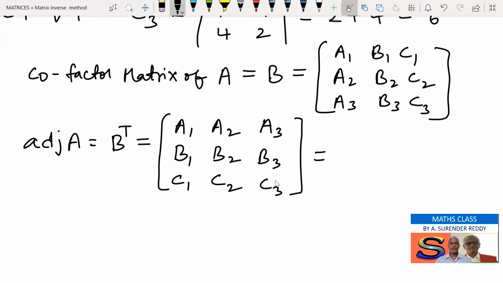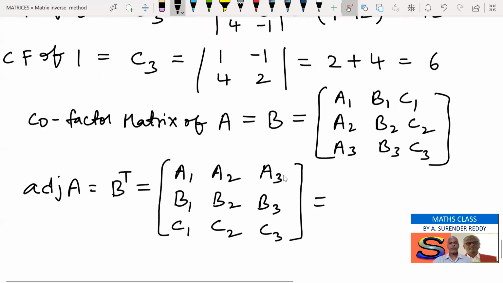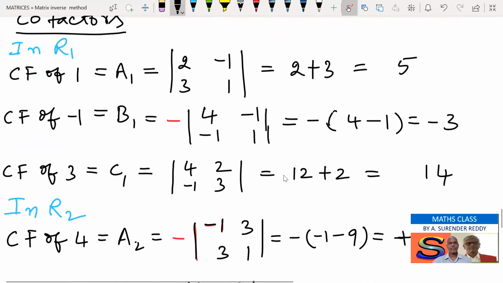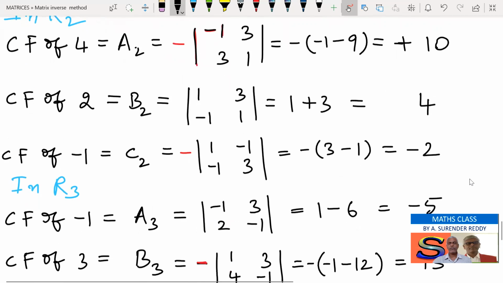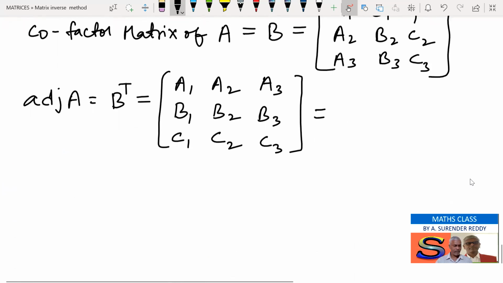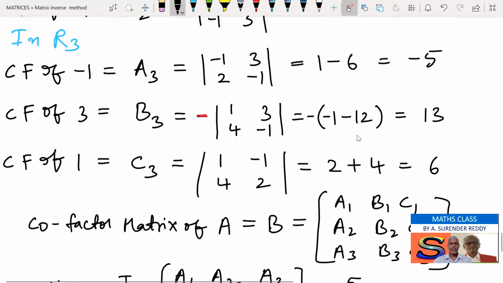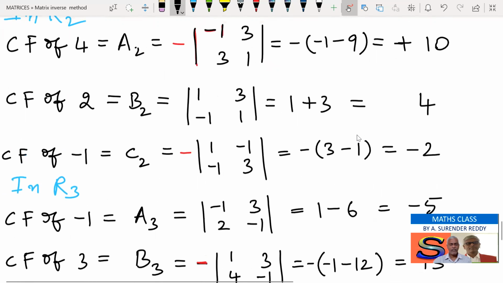So this will give us the adjoint matrix. First row, first column we write A1, B1, C1. In the first row, what are the cofactors? A1, B1, C1: 5, minus 3, 14. So here we write it as a column: 5, minus 3, 14. The second row cofactors are 10, 4, minus 2.